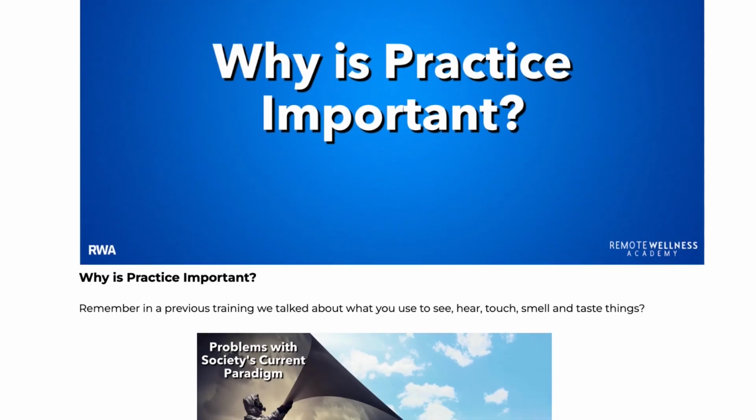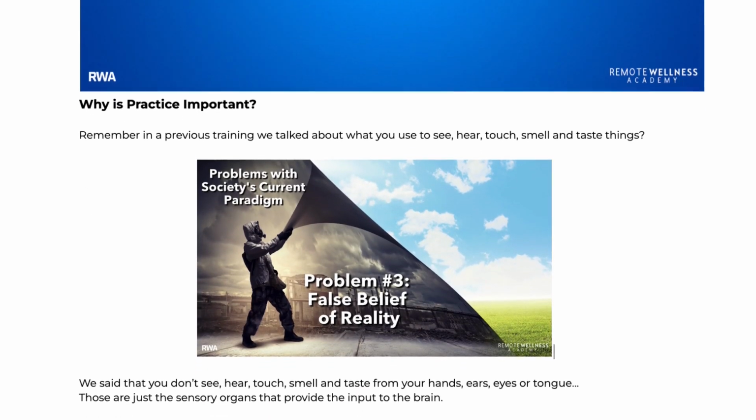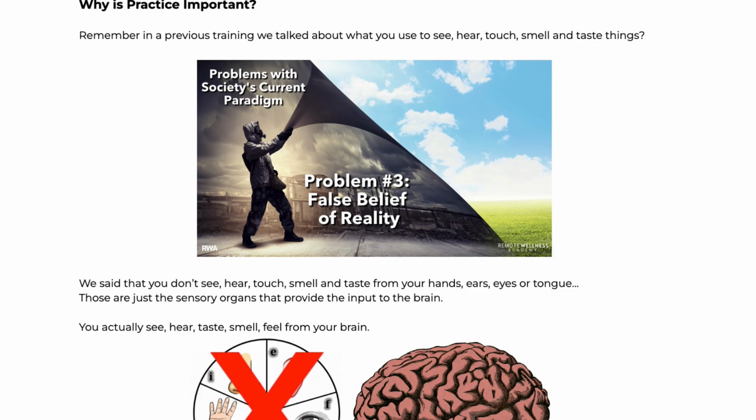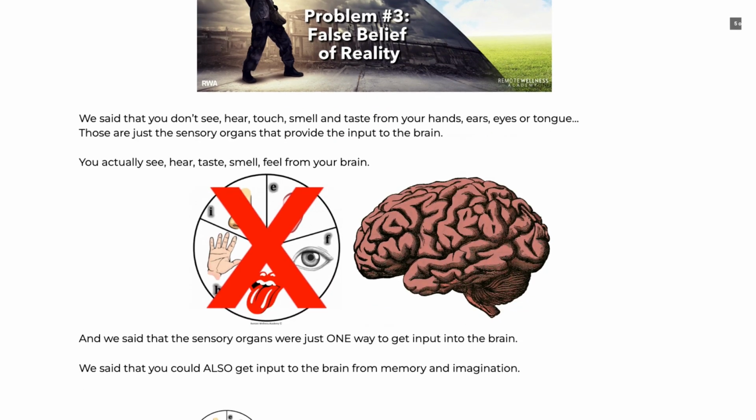If you remember in a previous training, we talked about how the brain actually works. We talked about how your 5 senses that you use to see, hear, touch, smell, and taste things, those 5 sensory organs, are not what the brain actually uses to hear, taste, smell, and all that kind of stuff. Those are only the organs that feed the information and data into the brain, and where you actually hear, smell, taste, feel, and see happens from your brain.